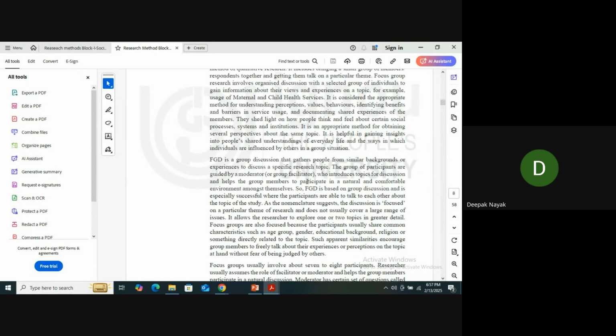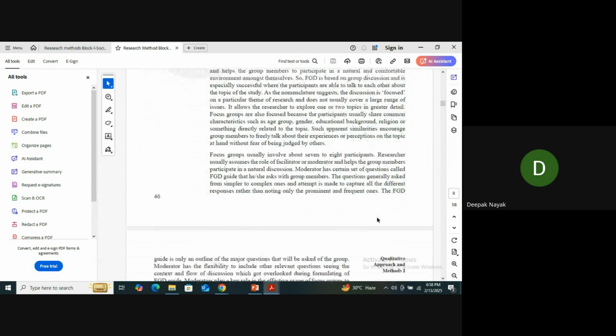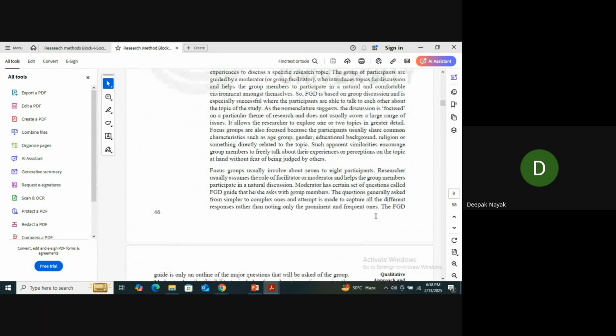If you are studying child labor, then you take employers, child rights protectors, and community members as respondent groups, so that there can be a meaningful addition to the focus group discussion on the issues.